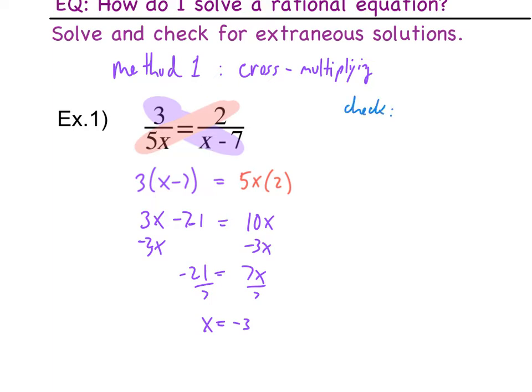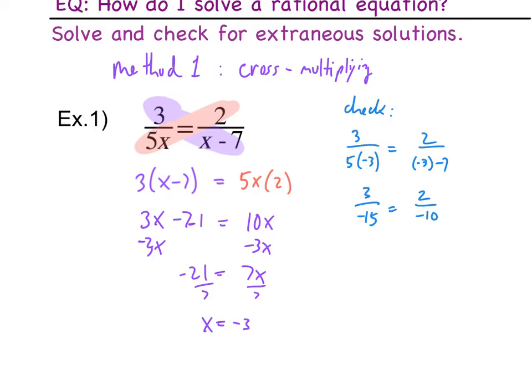We've talked a lot about the domain of these equations when we were doing the graphing, so I just want to make sure that our answer is actually in the domain. The problem is if we make that denominator 0, we could end up in issues. So plugging in negative 3 into both x values here, that gives me 3 over negative 15 equals 2 over negative 10.